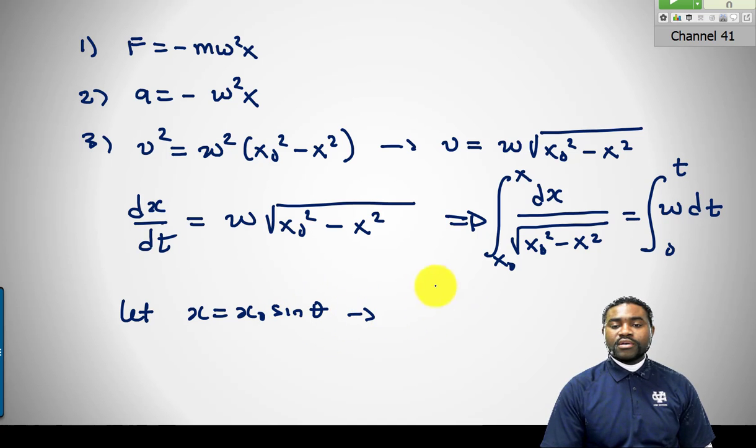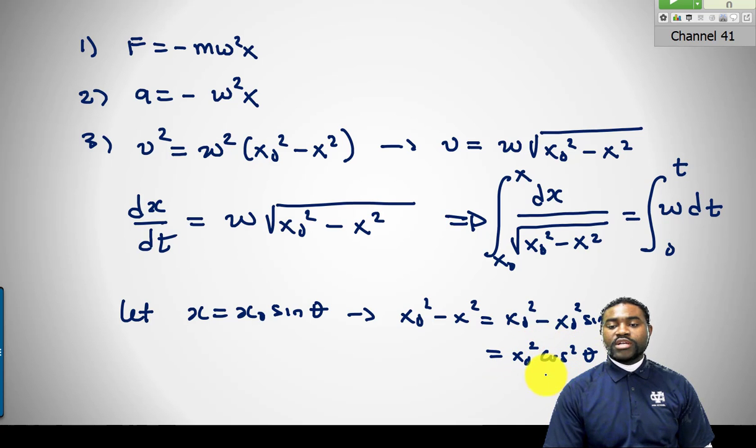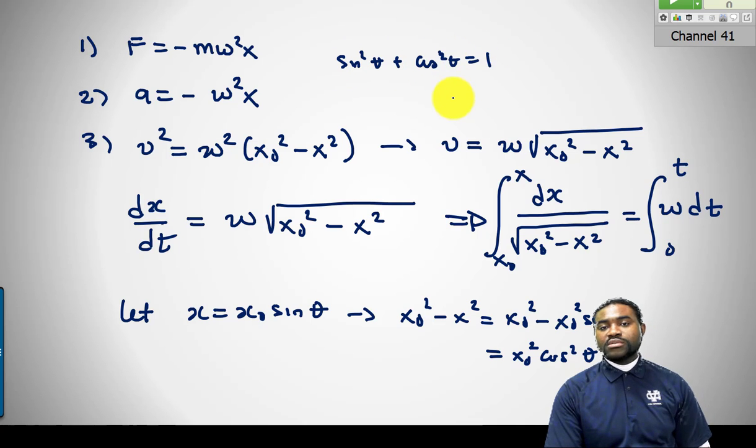This would imply that x naught squared minus x squared will be equal to x naught squared minus x naught squared sine squared theta, which is just going to be x naught squared cosine squared theta. We have used the trigonometric identity: sine squared theta plus cosine squared theta is equal to 1.